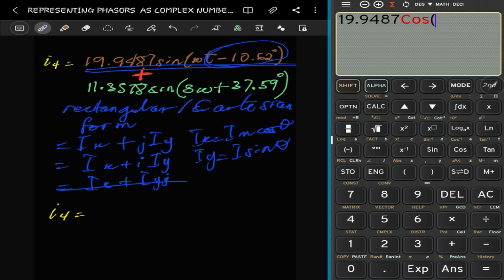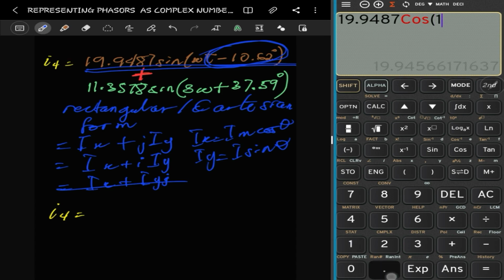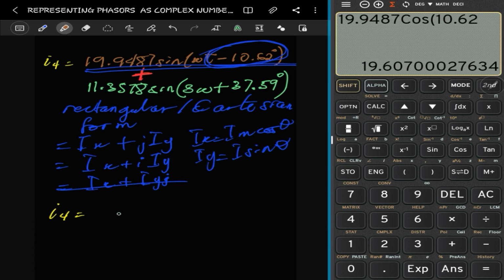We know it's definitely cos, but whether it's leading or lagging, it'll still be on the positive x-axis, right? So cos of 10.62, that's what gives us the X component for just the first part, and let's do 4 dp, 19.6070.